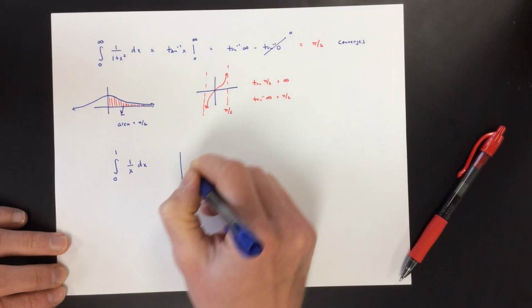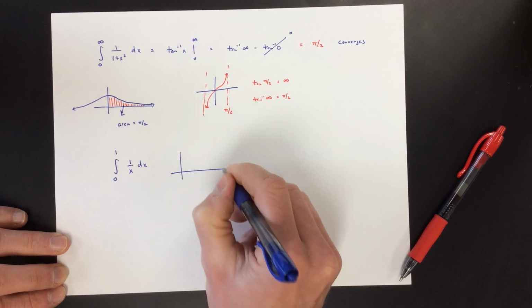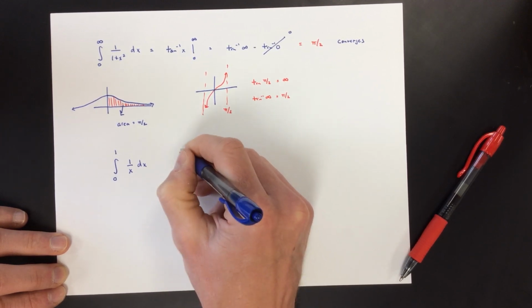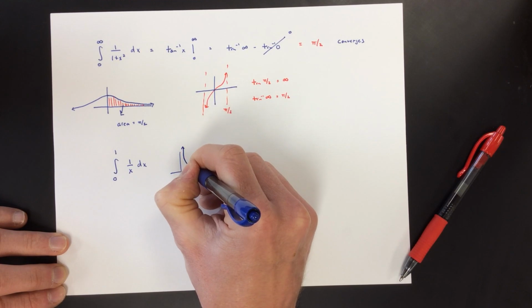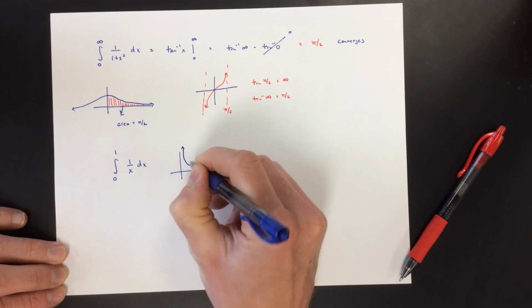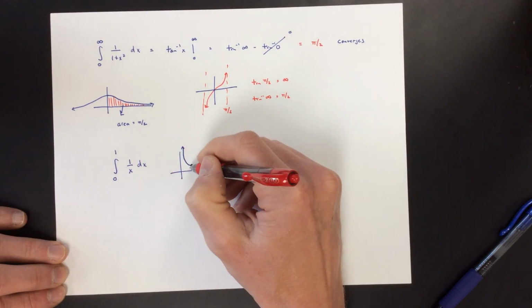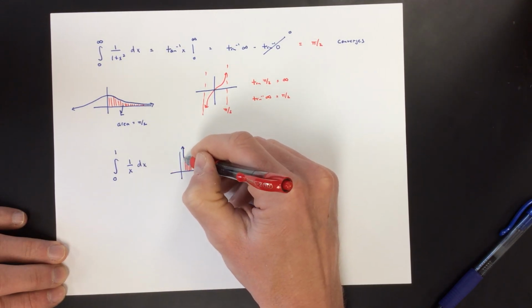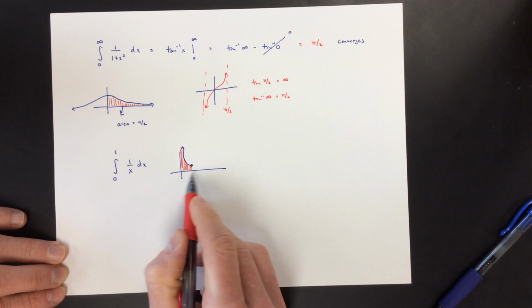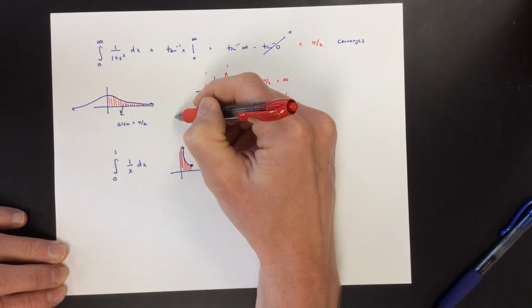And so now, instead of looking at the horizontal asymptote part, we're looking at this part. Integrating, again, as we let x get closer and closer to 0, we get this. And so what do you think about that area? So instead of an infinite width, we kind of have an infinite height here.